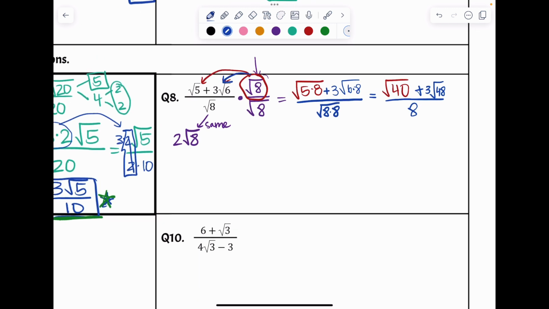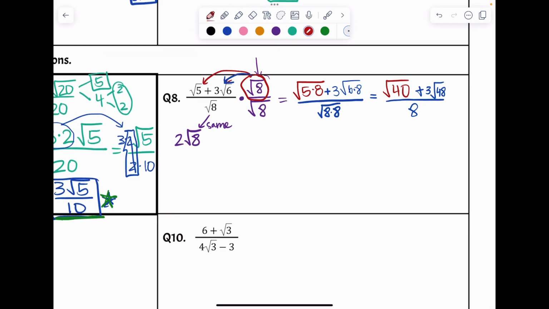Now I'm going to simplify the 40 by factoring and seeing what we can pull out as a square root. So we have 4 times 10. 4 has 2 times 2, so there's my group of 2, and then 10 is left over.